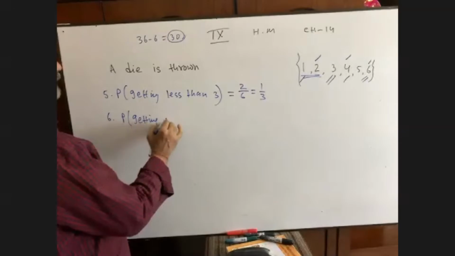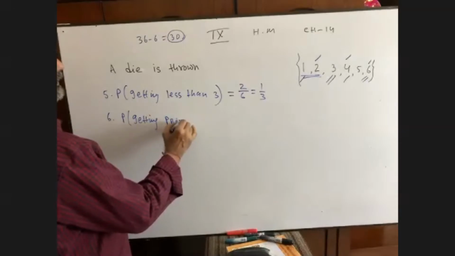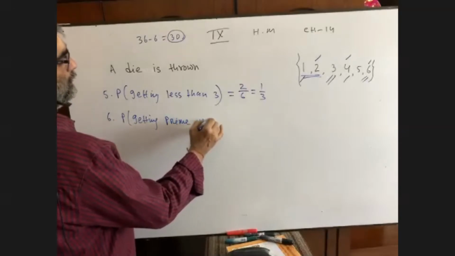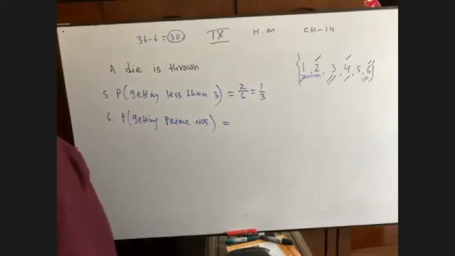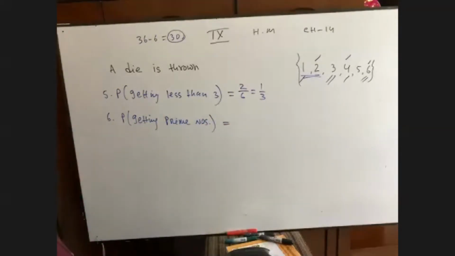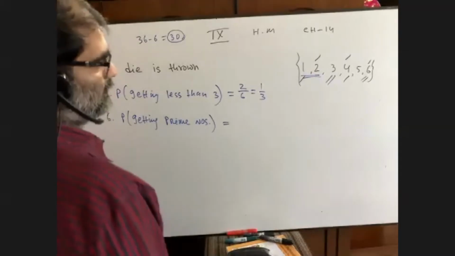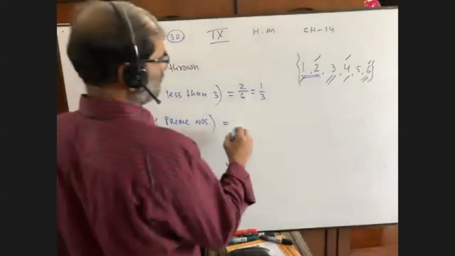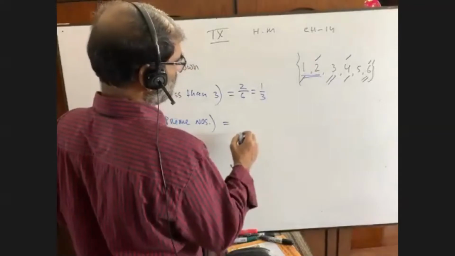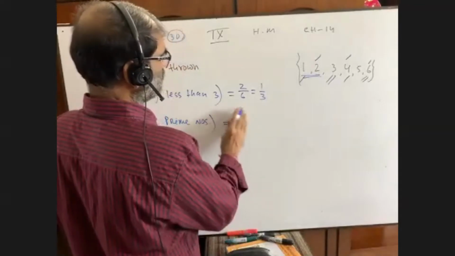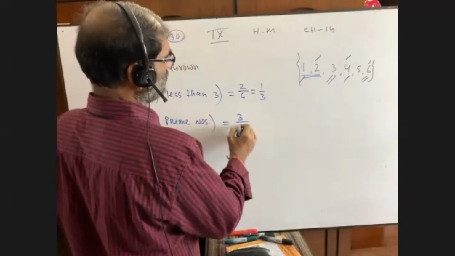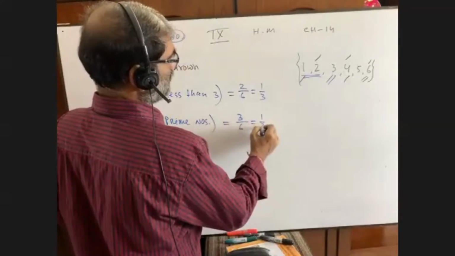Okay, prime numbers. What are the prime numbers here? 2, 3, and 5. So that means 3 by 6 equals to half.